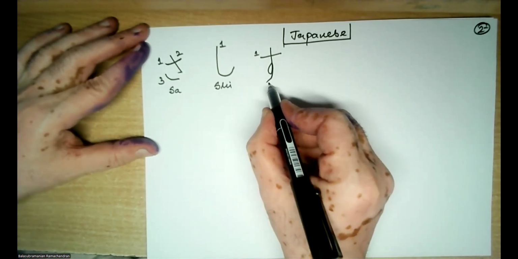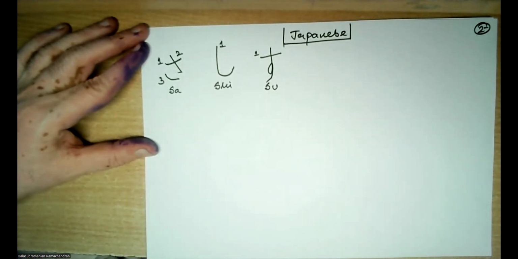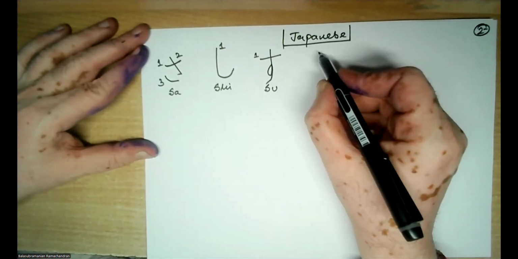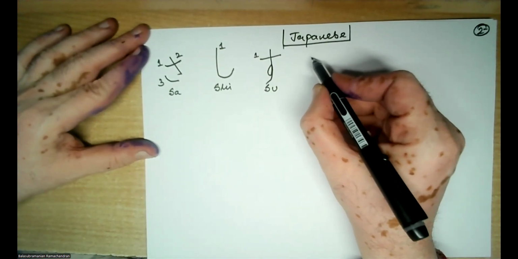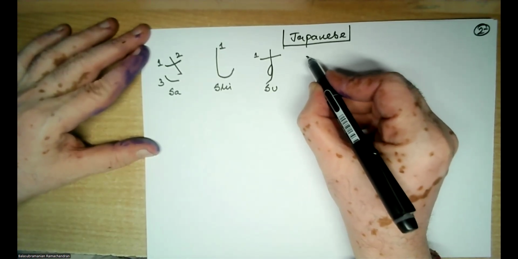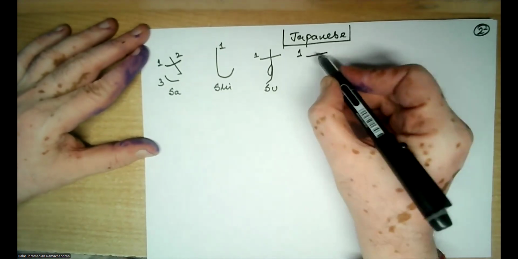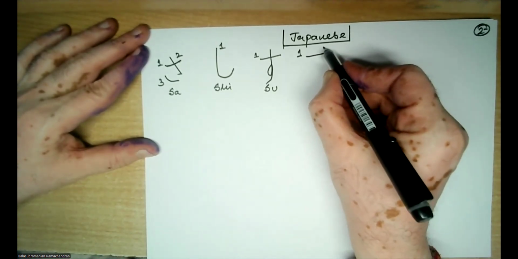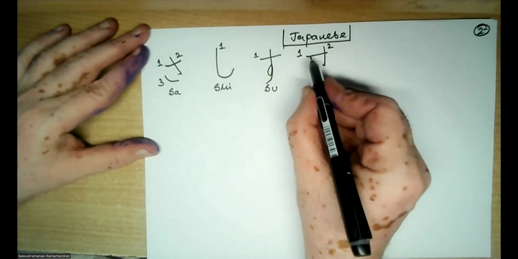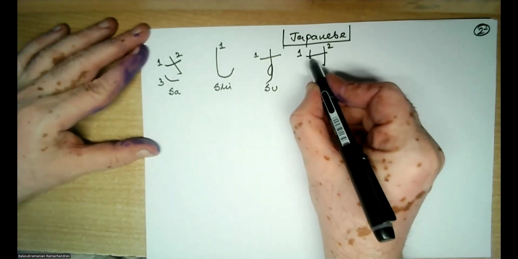So now let's come to the fourth letter in this series, se. You'll have to be very clear about the stroke order. You have the first stroke, the second stroke, you come from right to left, and the third stroke.